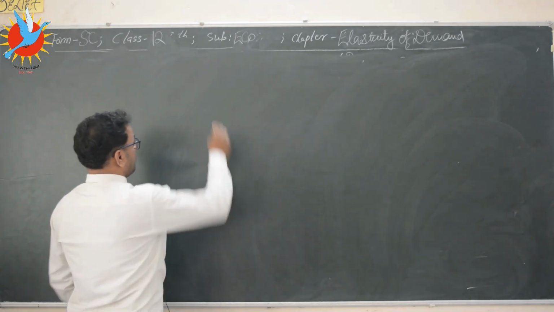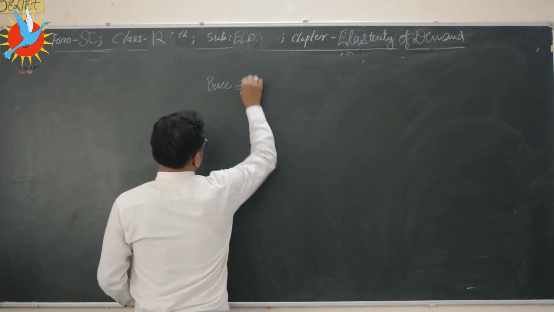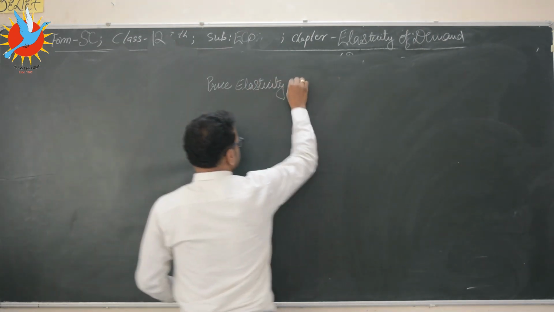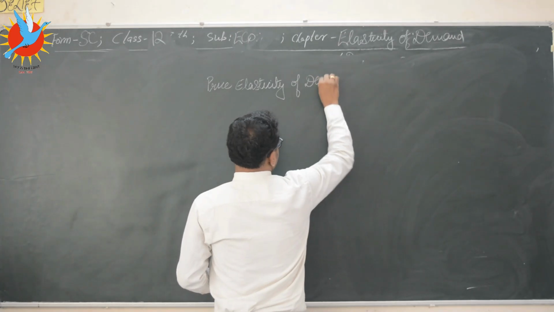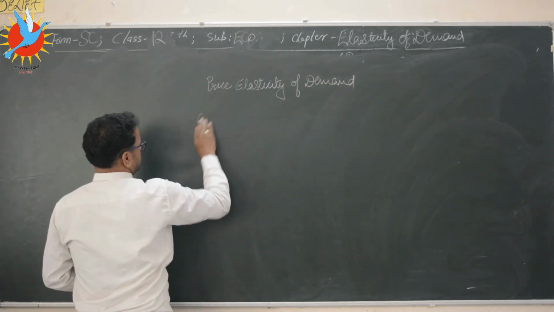The second method of measuring price elasticity of demand is called the geometric method.